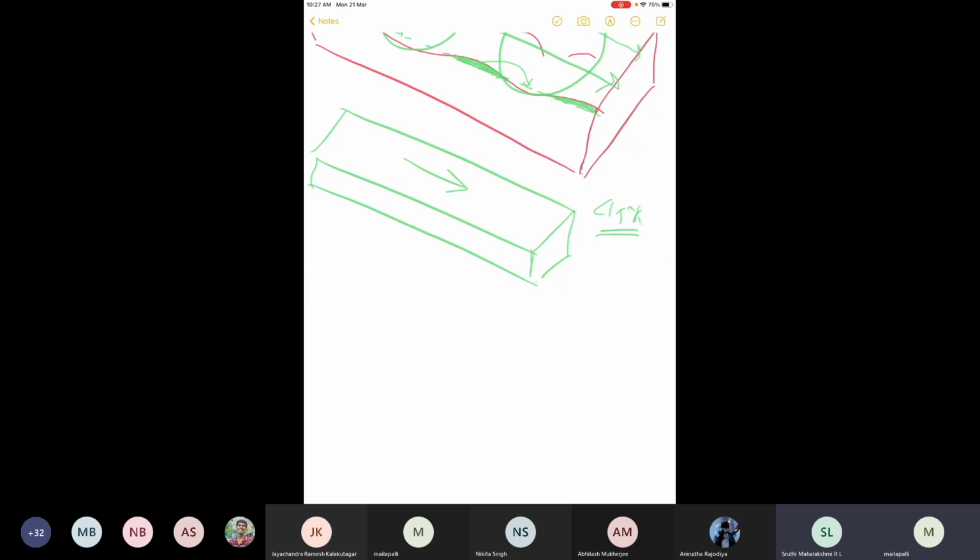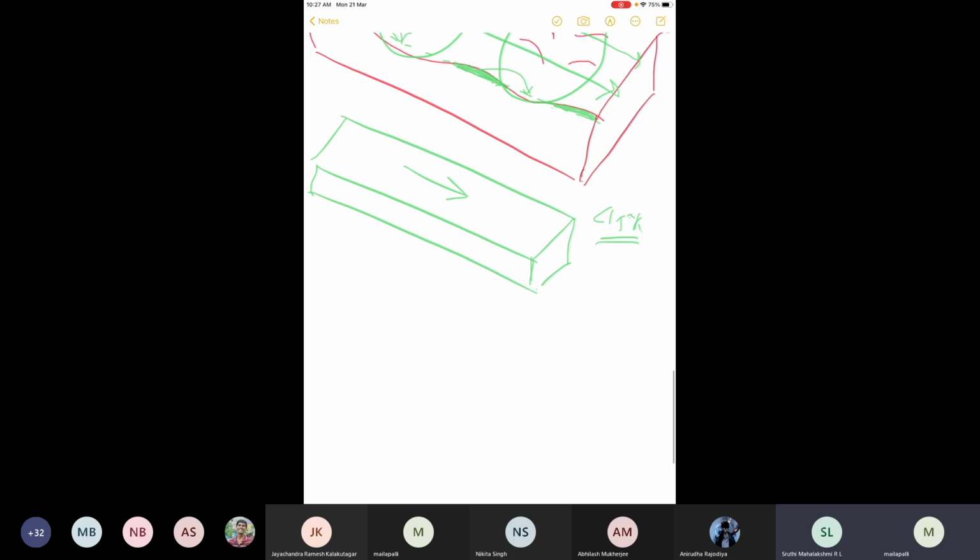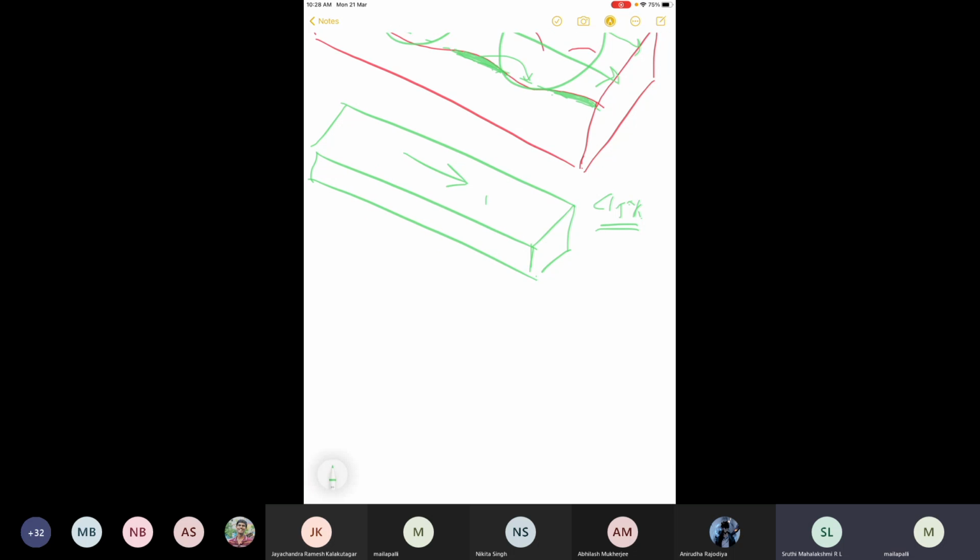Suppose you have done this operation, then after so many years of usage, you may have some patches developed in between. That's the third case, which we call land planing. In this case, you need not do much operation like cutting and filling.